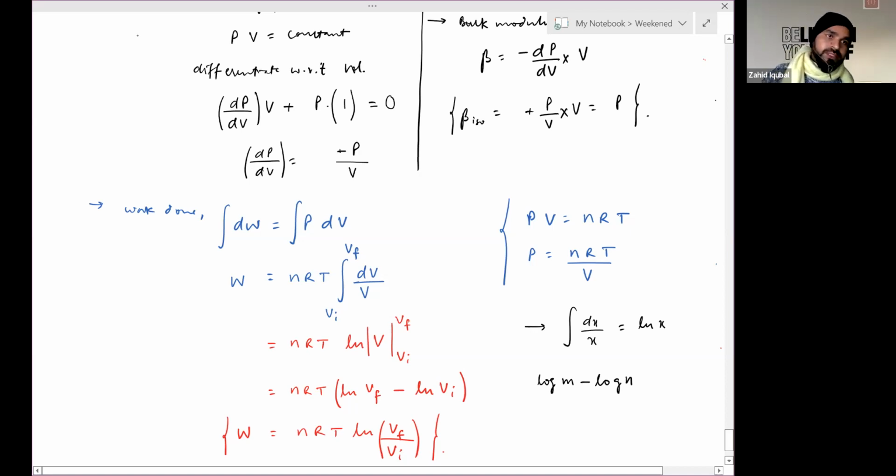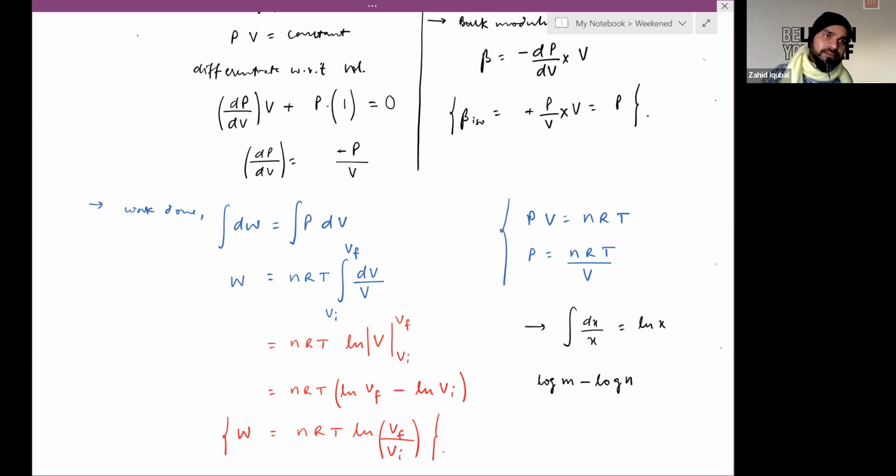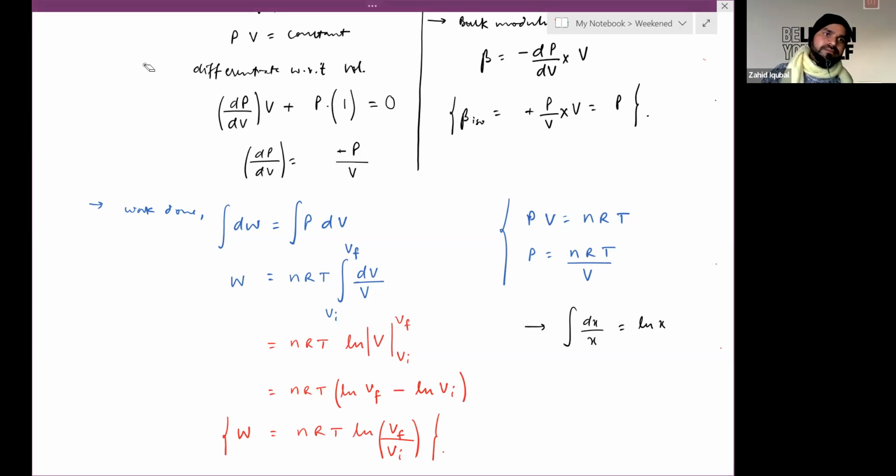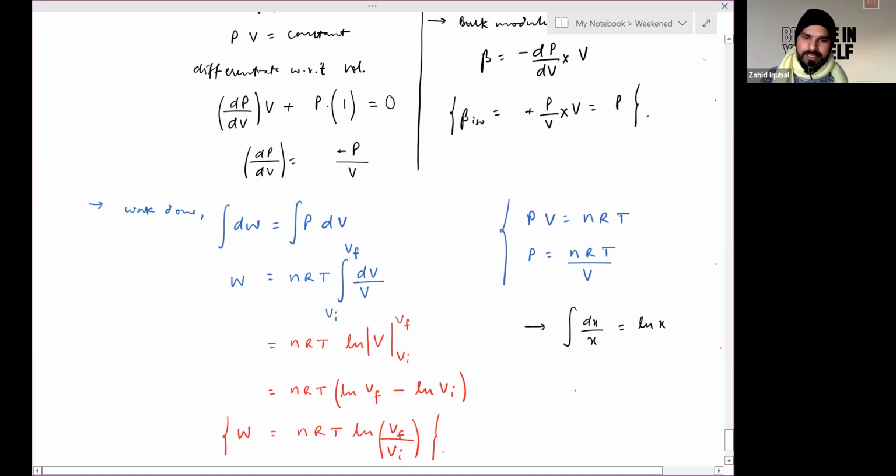Here we are using ln, the natural log, so it will be ln m minus ln n, which equals natural log of m by n. I've just used these two properties in this part.